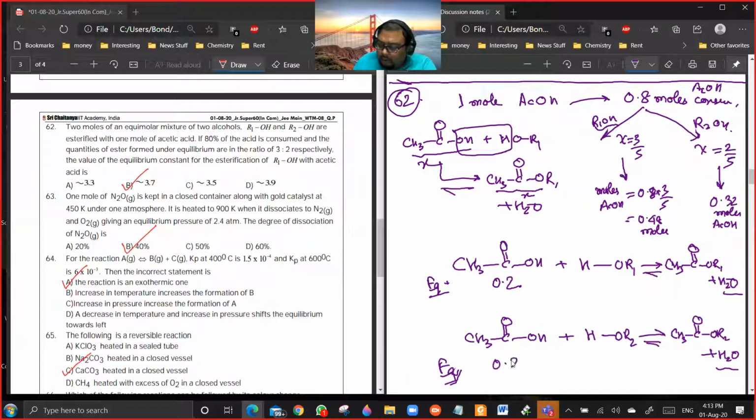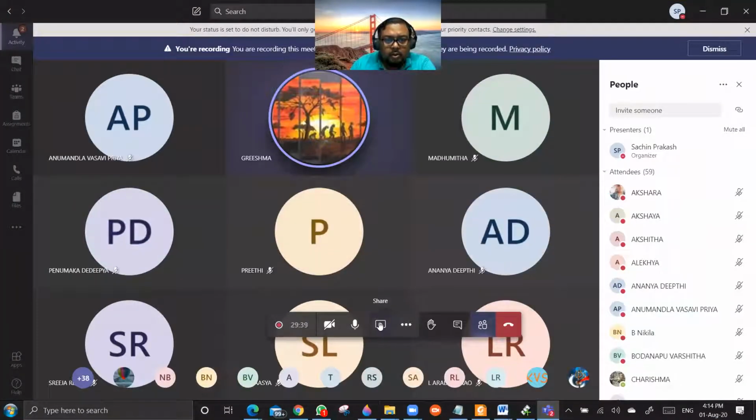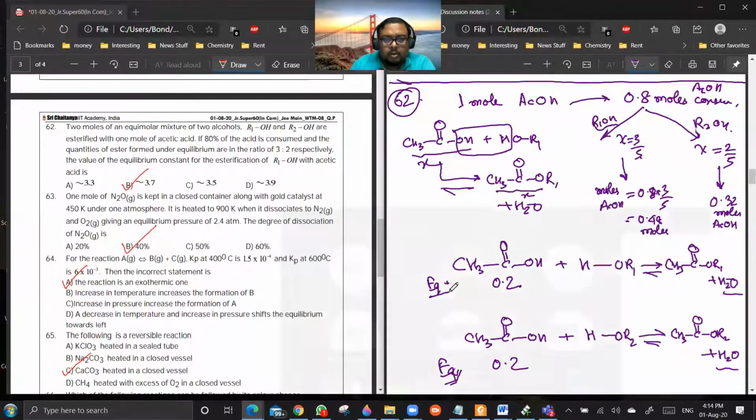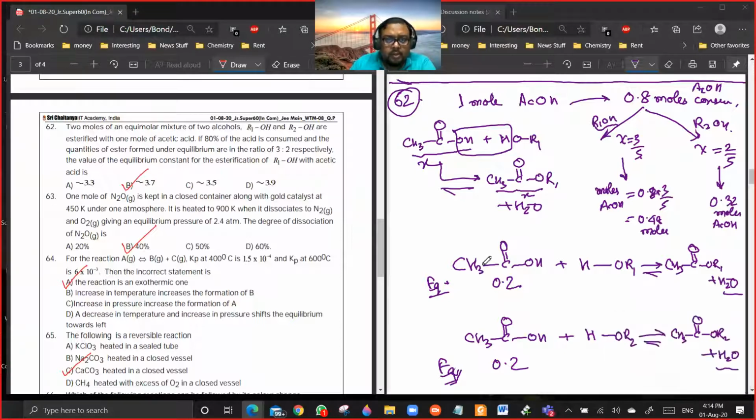So here also it will be 0.2. The screen is tough. One minute. Is it okay now? Yes or no? Can you see the screen now?